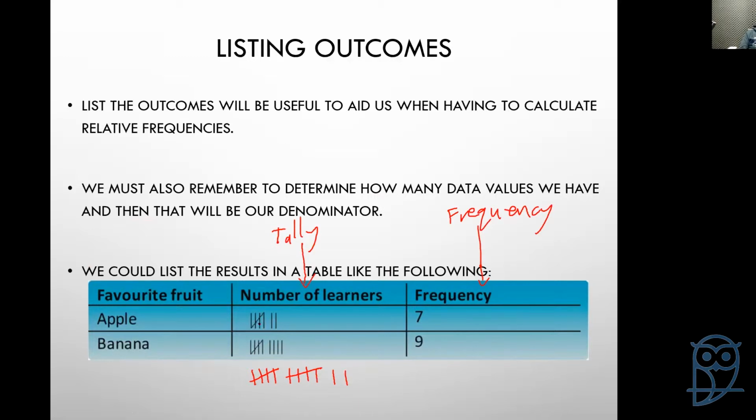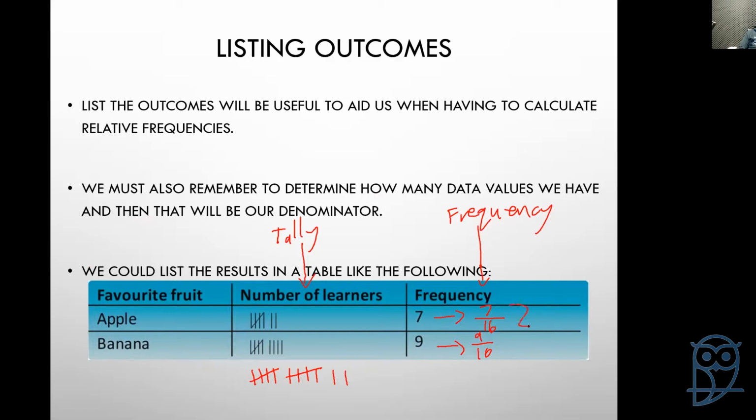So here we can see that's a 5 plus a 2 makes a 7, and a 5 plus a 4 makes a 9. So if we wanted to calculate a relative frequency here, it would be 7 over the total, and 9 plus 7 is 16. And the relative frequency here would be 9 over the total, which is 16.